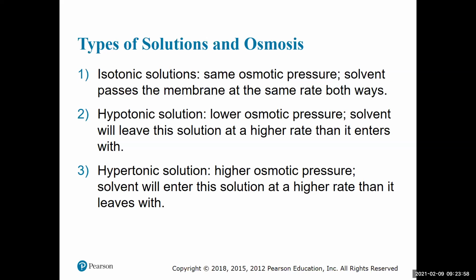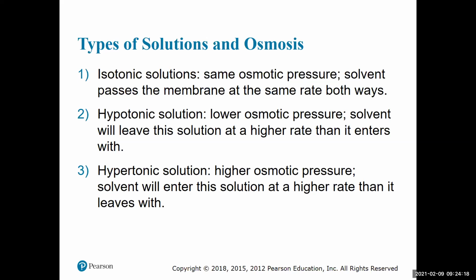A hypotonic solution means you have lower osmotic pressure. So that means the solvent will leave the solution at a greater rate than it enters with. So in other words, now you're out of equilibrium and you're moving in one direction.